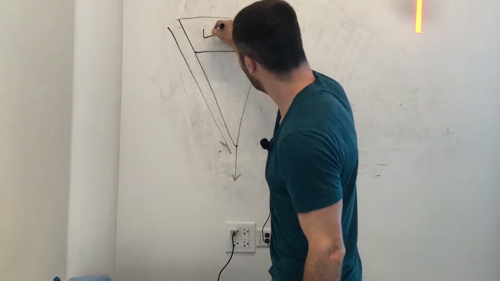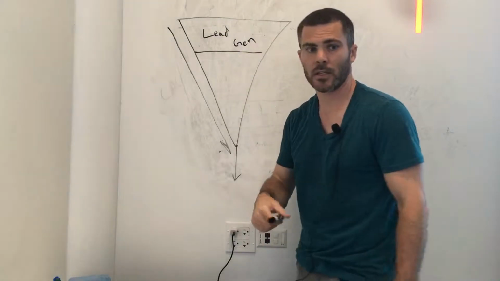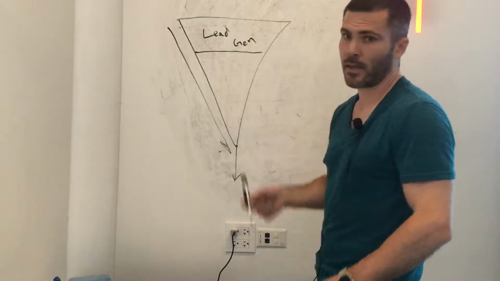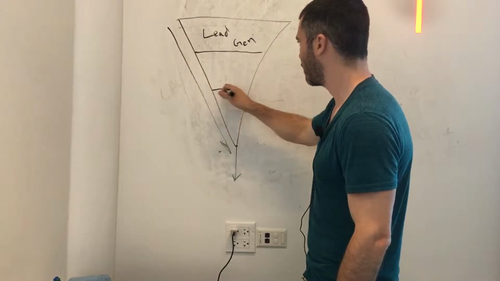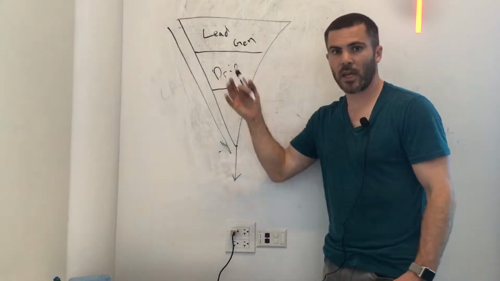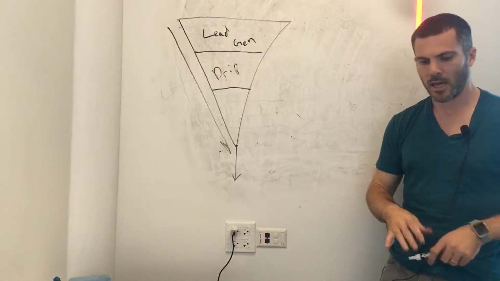The first step is lead generation, where a customer hears about our business for the first time and indicates some amount of interest. Step two is a drip campaign. Really, this is the ongoing upkeep of marketing.